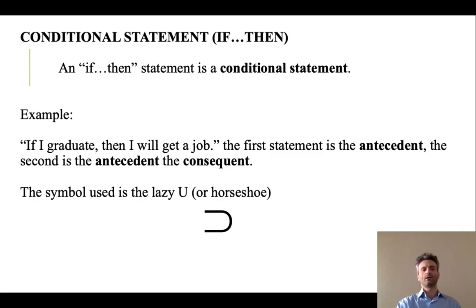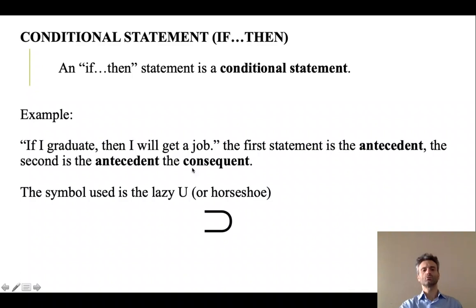So, if I graduate, then I will get a job. Let's use a G to represent "I graduate," and for "I will get a job," we use a letter J. Okay?